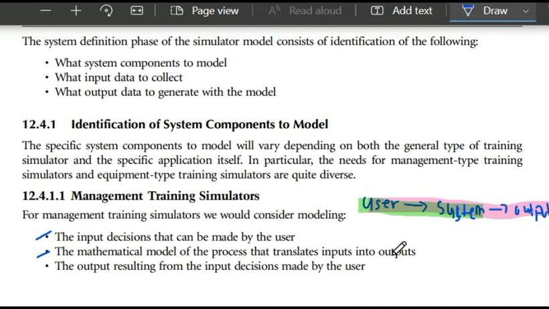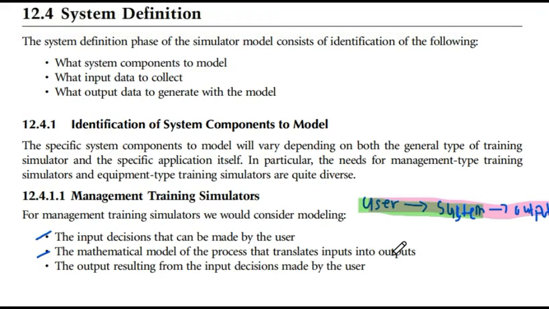So pwede mong i-model on how the system processes the inputs into outputs. So you can model that one. And then the third consideration is the output resulting from the input decision made by the user. So this is also between the relationship of user, system, and then output. But more on priority na talaga on the output side. No? So that's for the management training simulators.